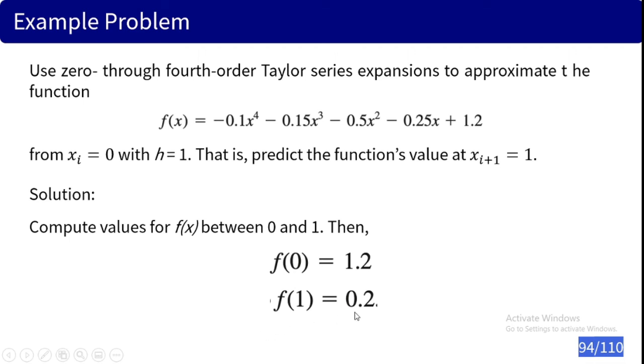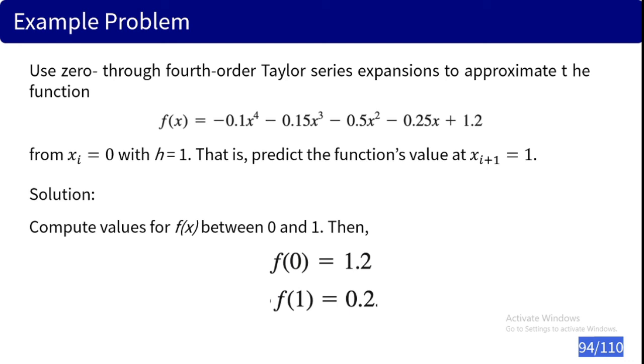Okay, we are trying to predict the function's value at x sub i plus 1 equal to 1, so after one interval of 1, we see the value of f of 1 numerically.